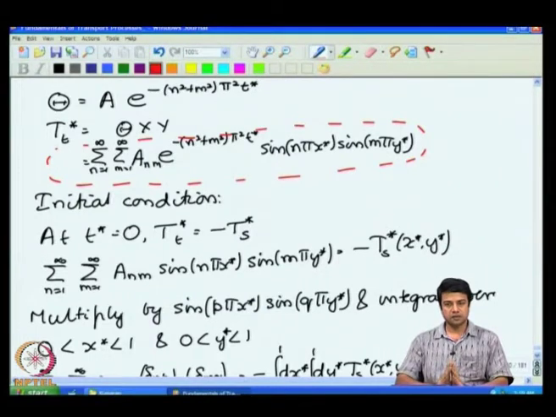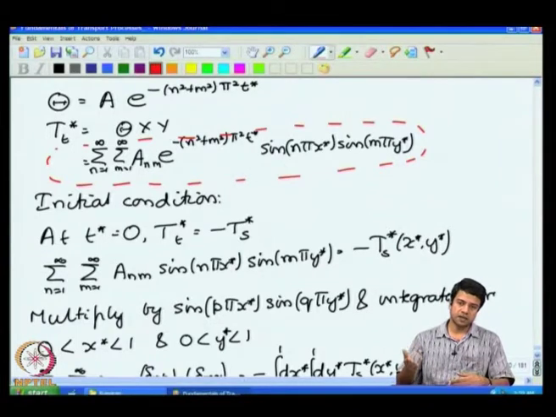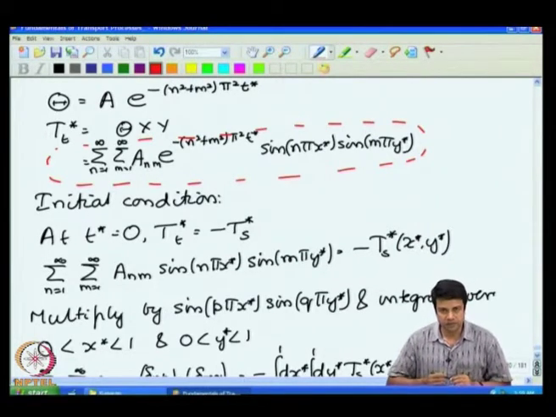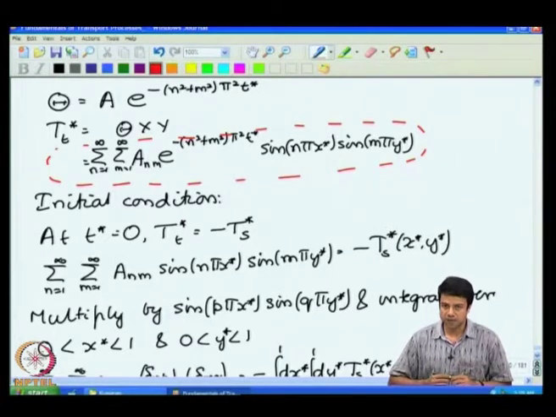And the final solution was a series expansion with the basis functions in the y direction as well as the exponentially increasing and decreasing functions in the x direction. And then I showed you how to use similarity variables, how to use the orthogonality relation in order to obtain the value of that solution in that direction.